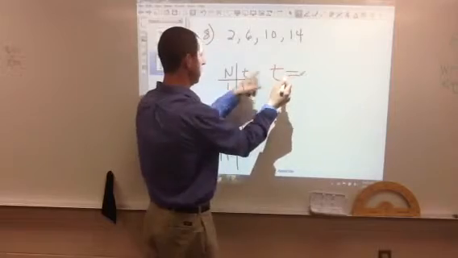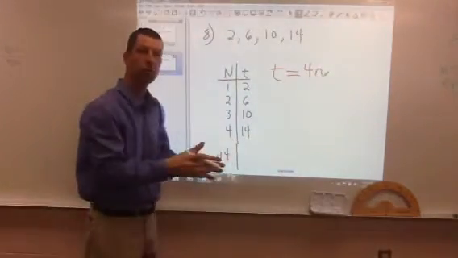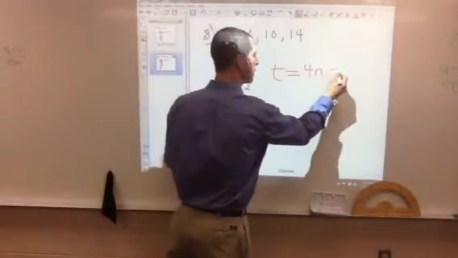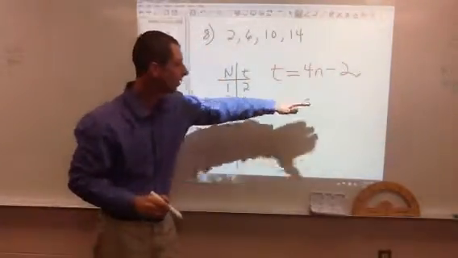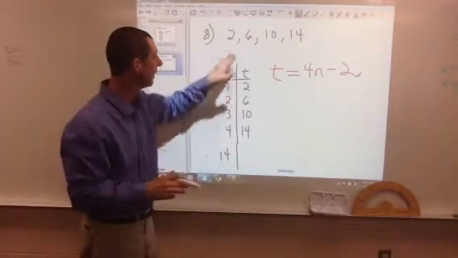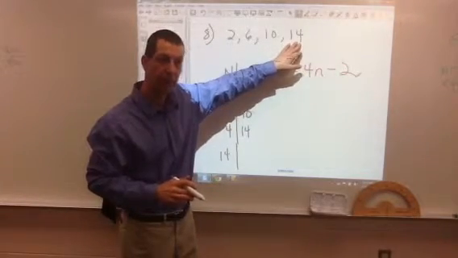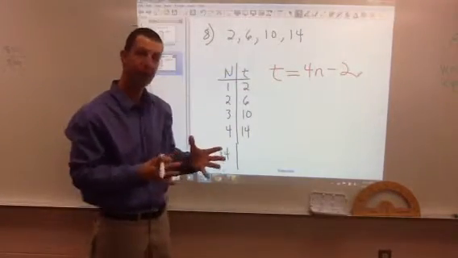Okay, so what I have to do here is multiply by 4. So it's going to be t equals n times 4, so 4n, but I also have to subtract 2 from it. This is one of the two-step ones. These are the most difficult ones. Now you might ask, well, how did you ever get that? Well, you get it by looking at what this sequence is increasing by. It's increasing by 4. So that right there is the hint.